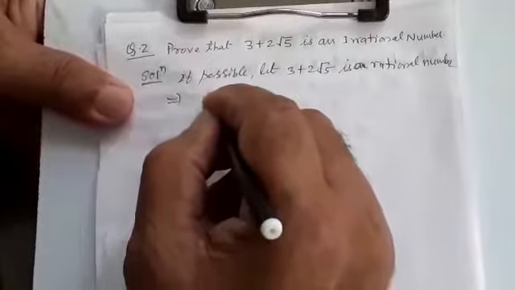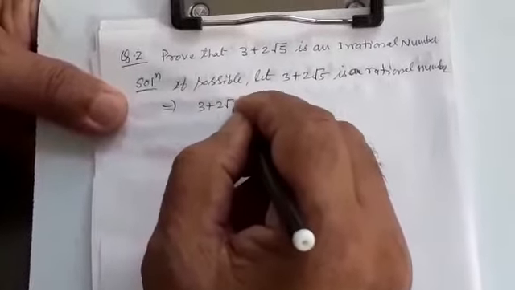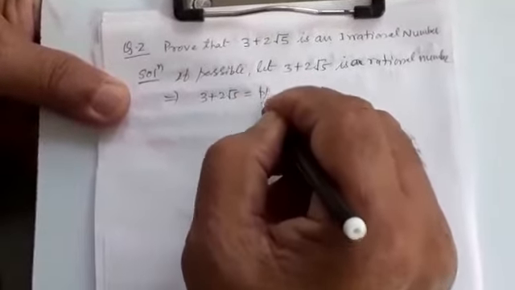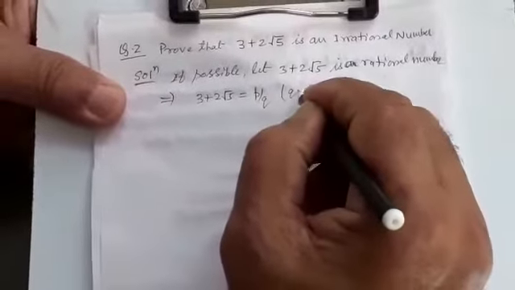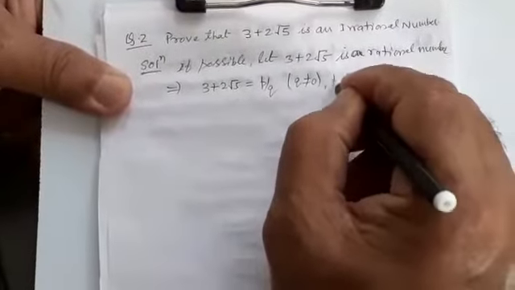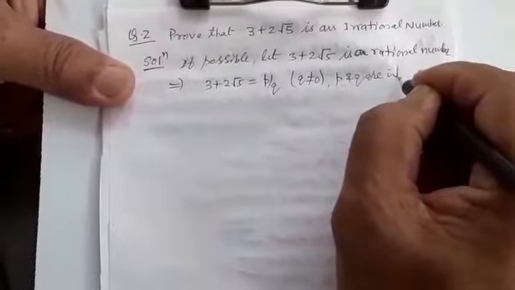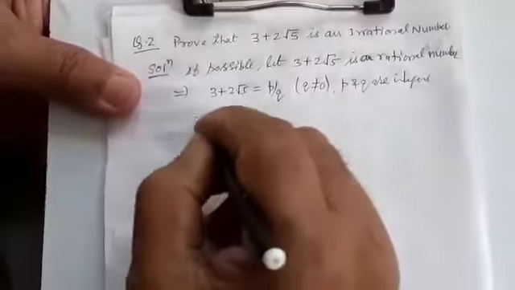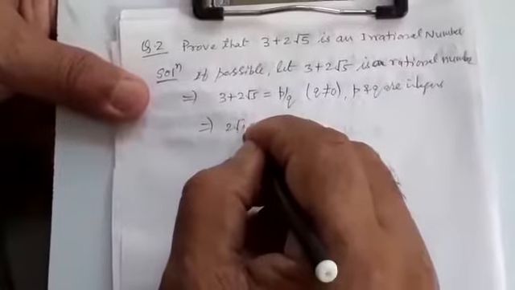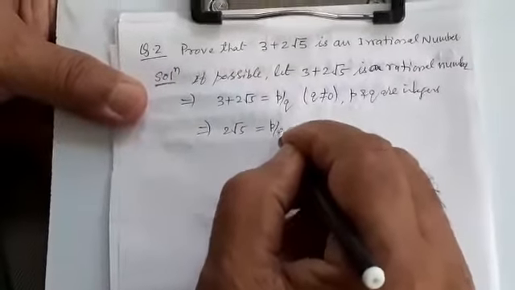This implies 3 plus 2 root 5 can be expressed in the form of p by q, where q is not equal to 0, p and q are integers.